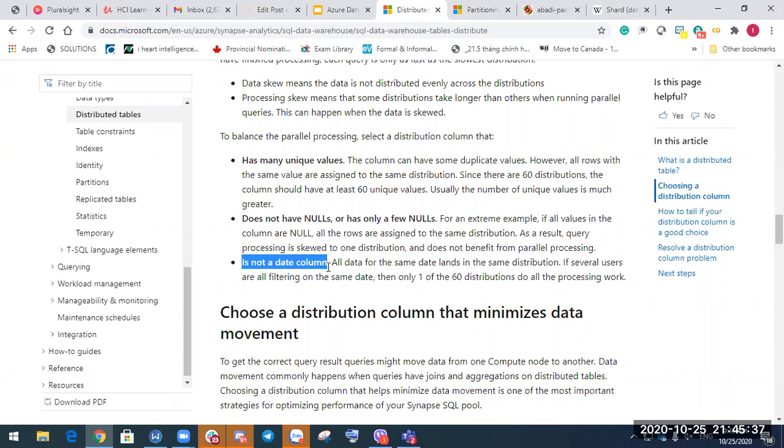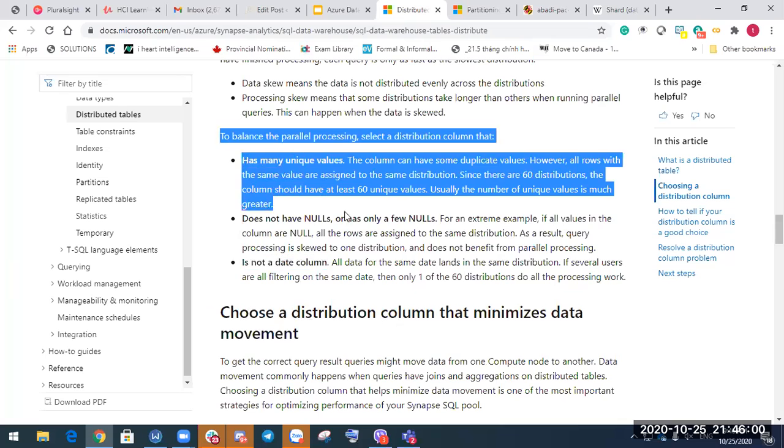But in a distributed system, you don't want the data grouped by a date column, because with dates, like a purchase date, one day you can have many purchases, and one day you can have very, very few purchases. So that creates the data skew, and that is the main thing I want to highlight here.